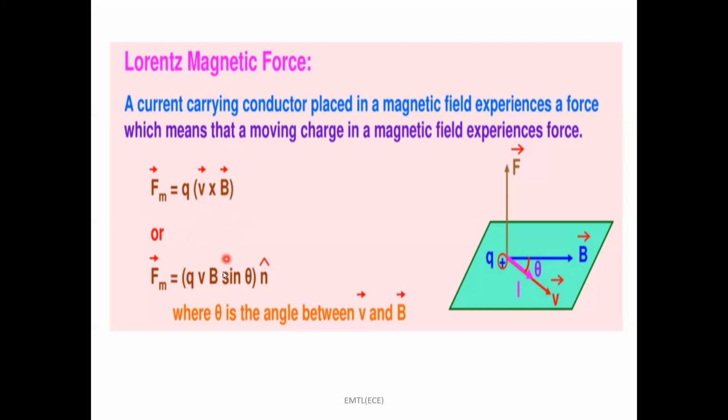In the same way, V cross B is equal to VB sine theta, where n cap is the unit vector representation. Here Q is the charge of the particle, V is the velocity of the charge, B is the magnetic field, and theta is the angle between the velocity and the magnetic field.